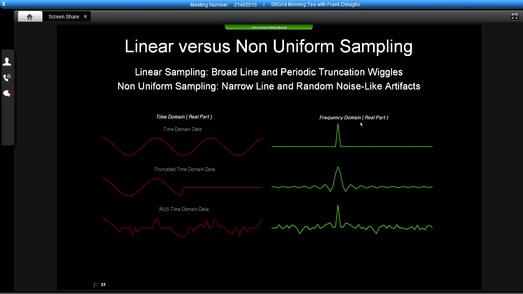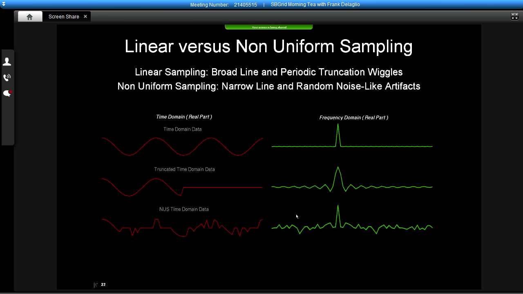We're very familiar with this one and this one because we see them all the time. So we don't think twice about the fact that big peaks have big truncation artifacts and small peaks have the same truncation artifacts but smaller. The case for non-uniformly sampled data is just the same.